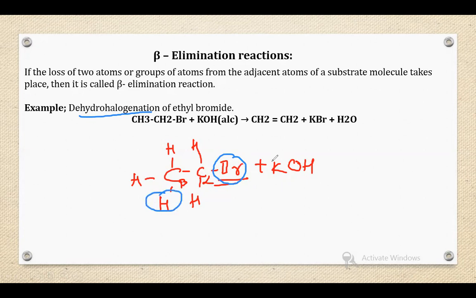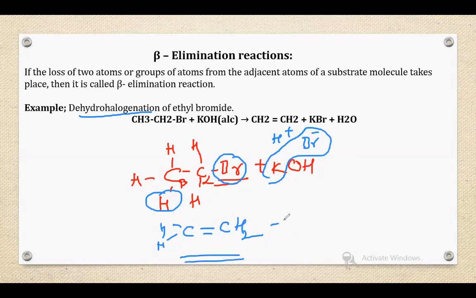One hydrogen and one halogen are removed, forming H plus and Br minus. K plus, OH minus and H plus form water, and K plus and Br minus form KBr. What is left behind is carbon with two hydrogens on each carbon, forming a double bond, which is ethene, with the formation of potassium bromide and water.